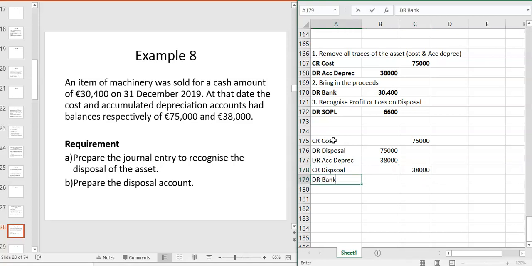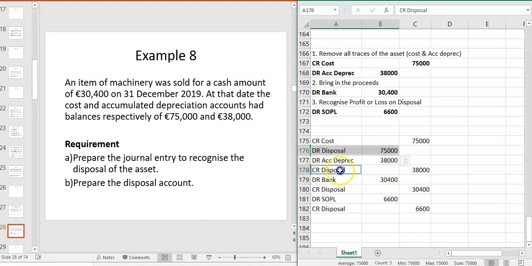You could debit bank 34, credit disposal 30,400, and then you would debit SOPL 66, credit disposal account 66. So you can use the disposal account if you wish. Right, it's not mandatory, but it's just in case you see it laid out in a question like that. Essentially if you removed all those disposal accounts, you still have the 4 key entries that we have above.